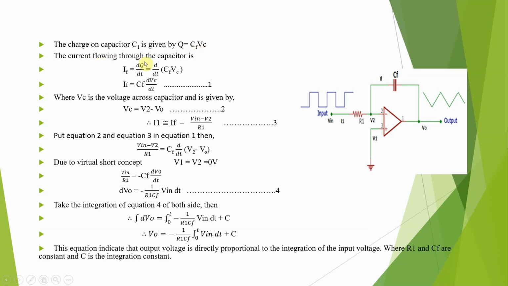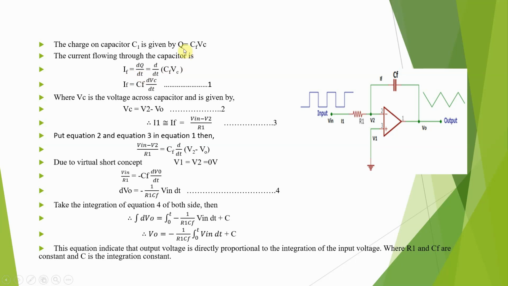The input current I1 and IF are the same. The current flowing through the capacitor IF is the rate of change of charge, therefore IF is equal to dq by dt.